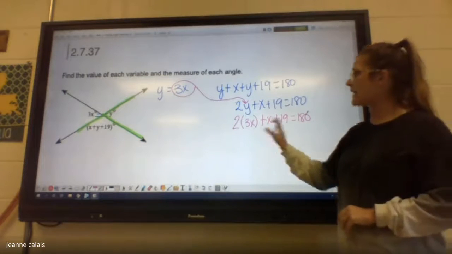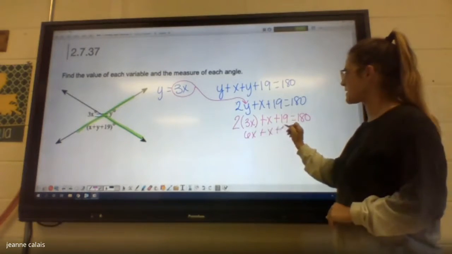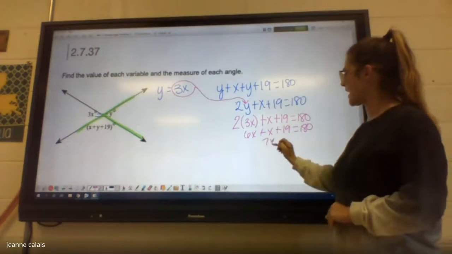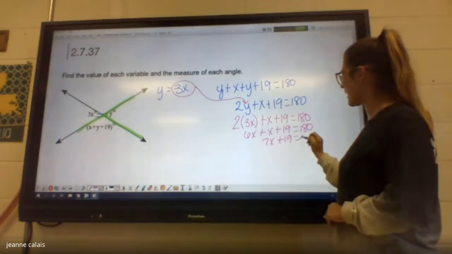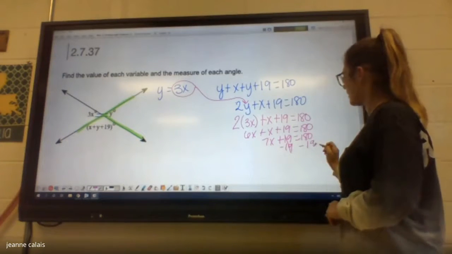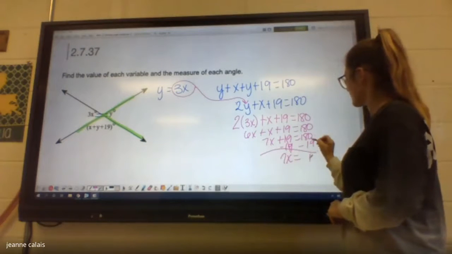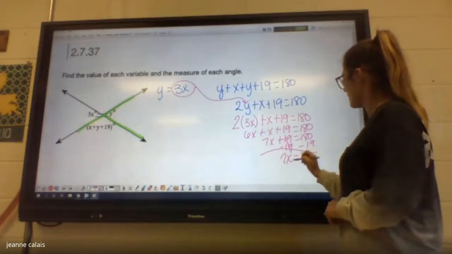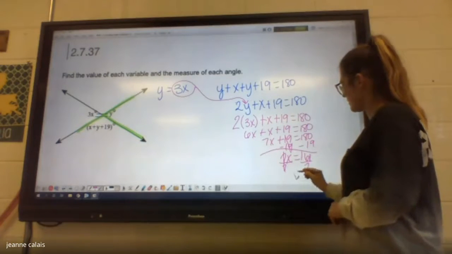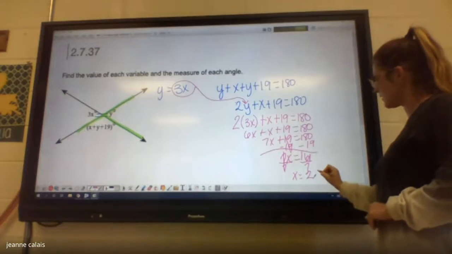So now when I clean it up, I have 6x plus x plus 19, then 7x plus 19 equals 180. So 161 divided by 7, and that would be 23.